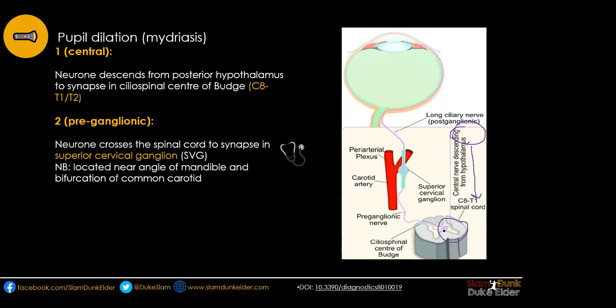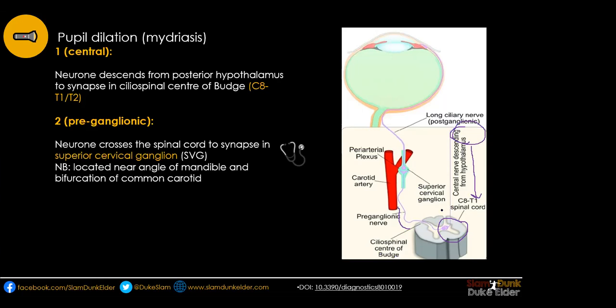So now your preganglionic neuron, your second order neuron, that's before it synapses in the superior cervical ganglion. It's going to cross the spinal cord and follow a really long course, and this specific neuron has quite close relation to the apical pleura of the lungs, and that's quite important because if a patient has a Pancoast tumour, that can interrupt the sympathetic nerve supply and give you your classic Horner syndrome.